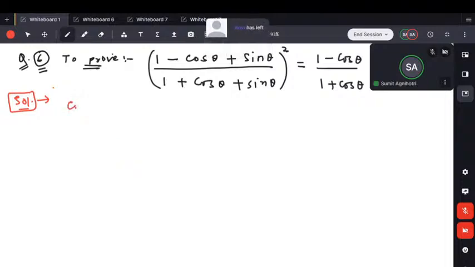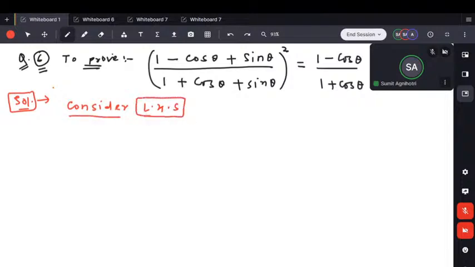That's why we will take LHS here. This is the sixth question. We are considering LHS.